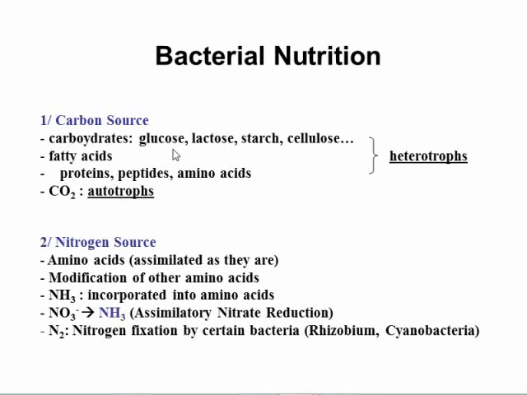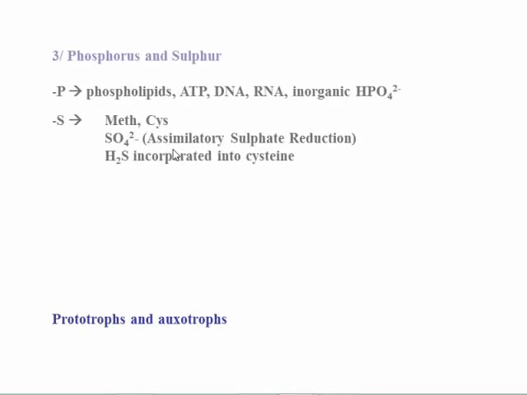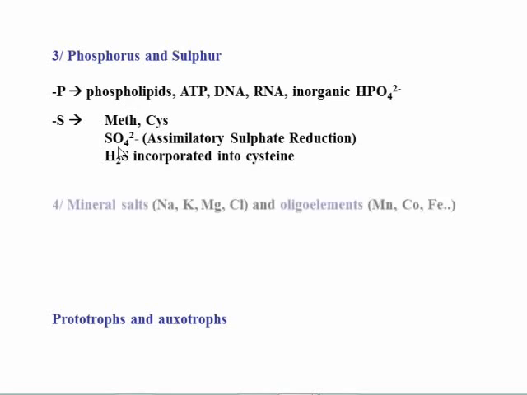You might have some ammonium salts, a little bit of inorganic phosphate, maybe some sulfate with sodium, potassium, magnesium, and chloride, and maybe a little bit of iron. If you put all these things into a tube and inoculate your bacteria, it might be able to grow.